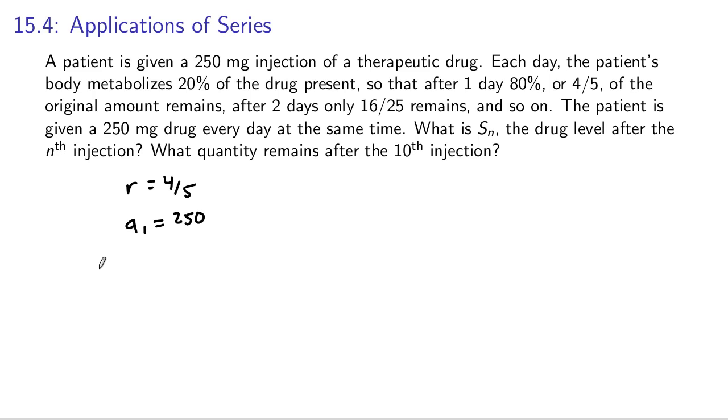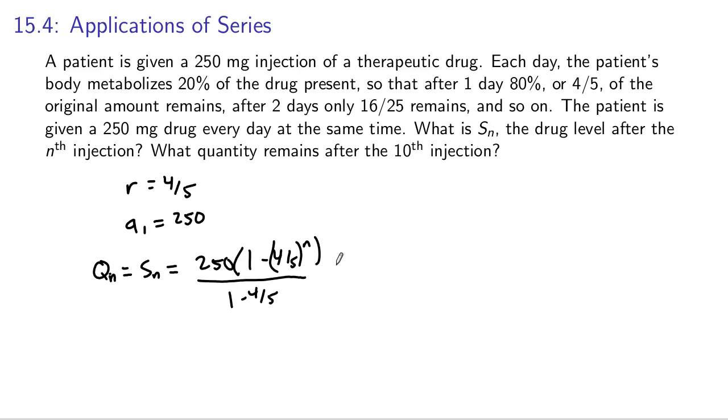So what we could write then is the quantity on day n is equal to the series, or the partial sum on day n, which would be 250 times 1 minus 4/5 to the nth power over 1 minus 4/5. Okay, and so how much remains after the 10th injection?